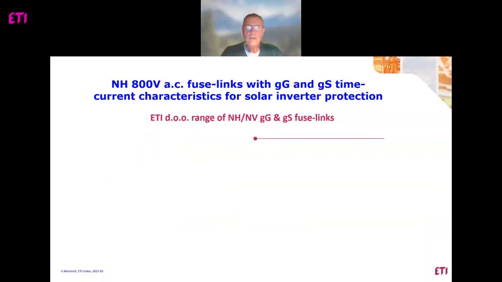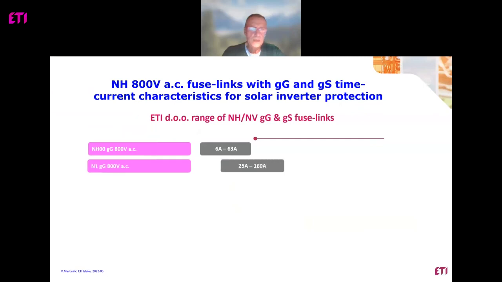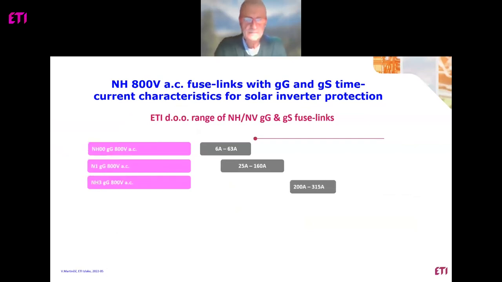ETI has quite a big range of NH fuses for 800 volt AC. Regarding gG: size 00, size 1 up to 160 amps, size 3 up to 315 amps.